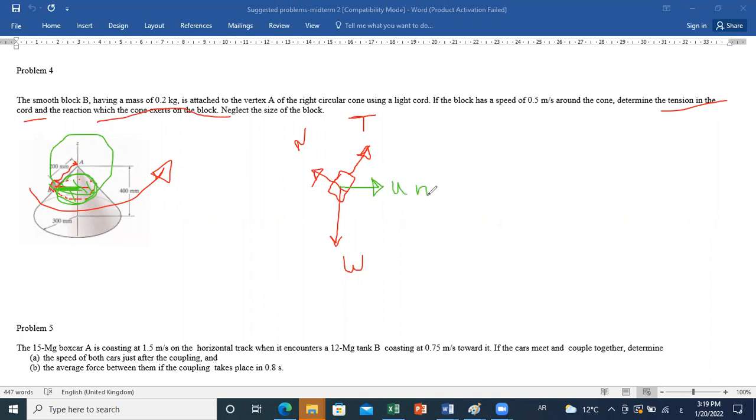Now, how is UT here? In this figure, can you tell me how is UT? Inward or outward, depending on the rotation.